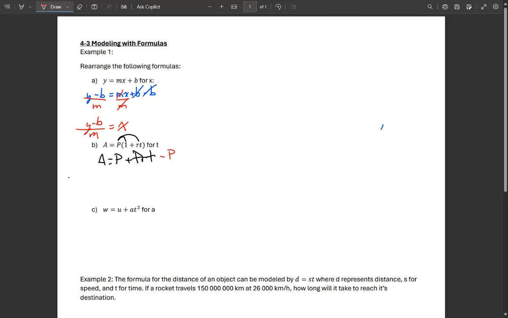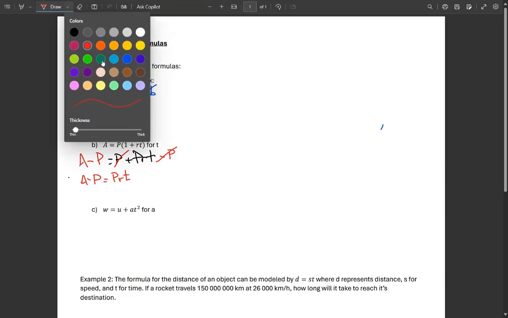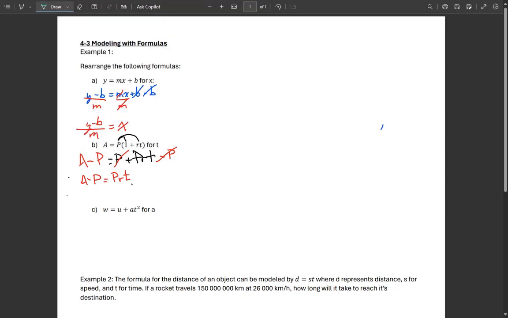So what I'm going to do here is erase this. I'm going to have a minus p. What ends up happening is these cancel out, and I'm left with a minus p equals prt. Now, here I have two multiplications, and to clean this up, I can just divide both sides by pr.